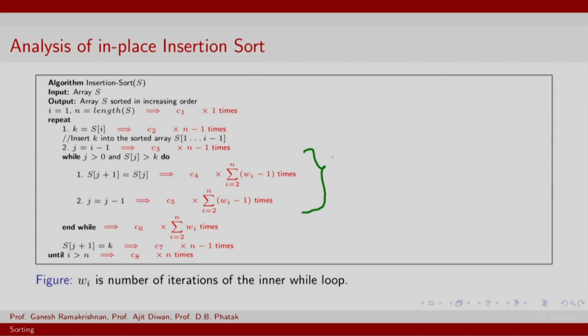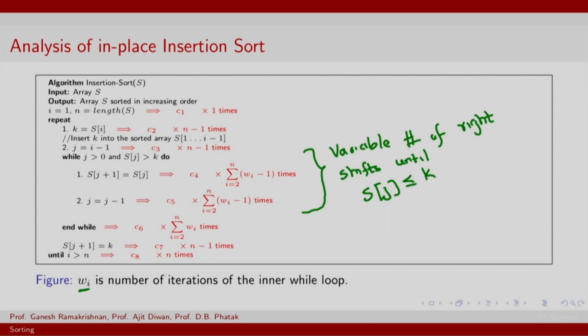So what you see here is a variable number of shifts, and specifically by shifts you mean right shifts, until you find an Sj which is less than or equal to k. This variable number of right shifts we refer to as Wi.